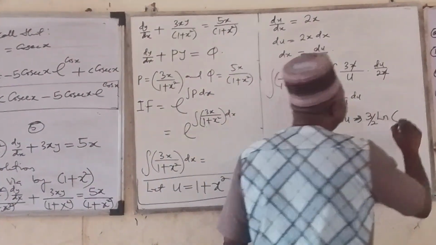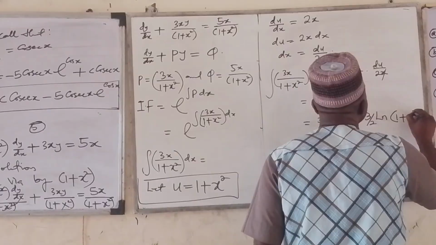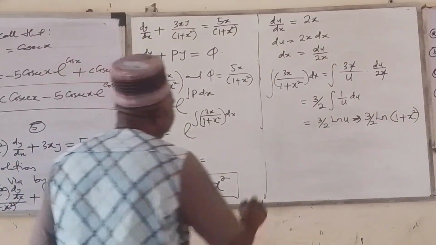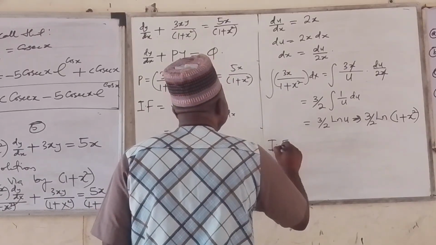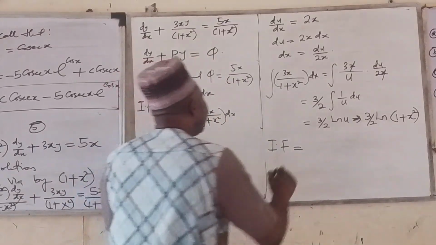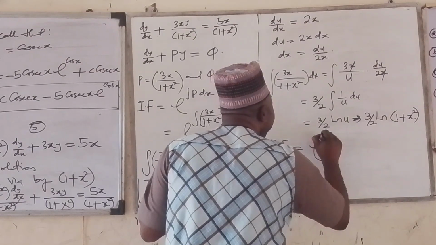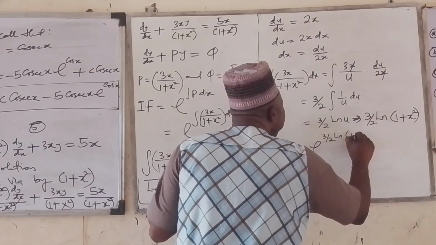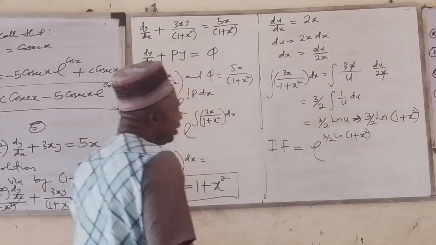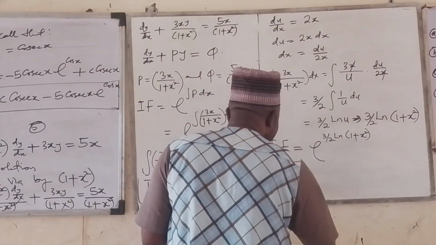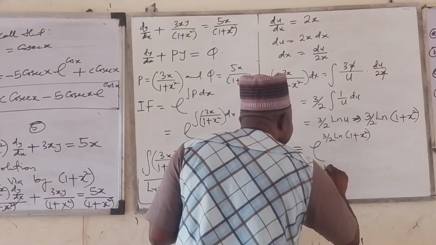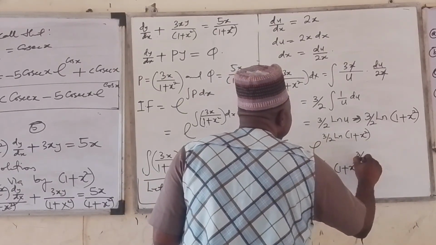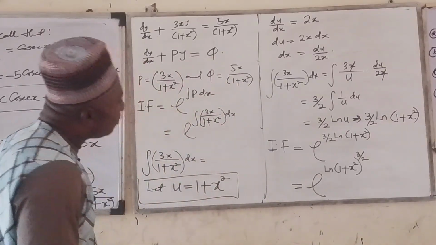So here we have 3 all over 2 ln 1 plus x squared. So the integrating factor, IF, will be equal to e raised to the power of 3 all over 2 ln 1 plus x squared, and this is the same as e raised to the power of ln 1 plus x squared, all raised to the power of 3 all over 2.